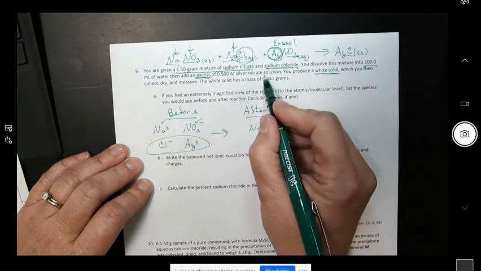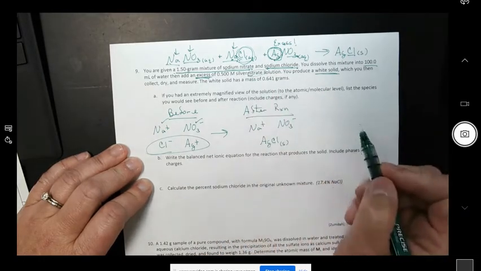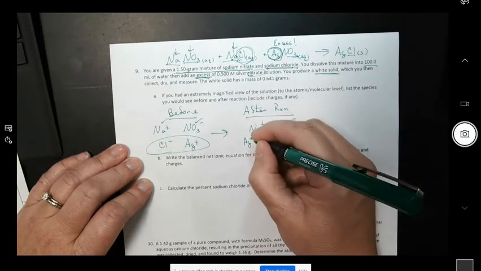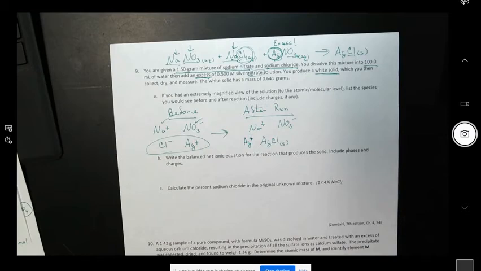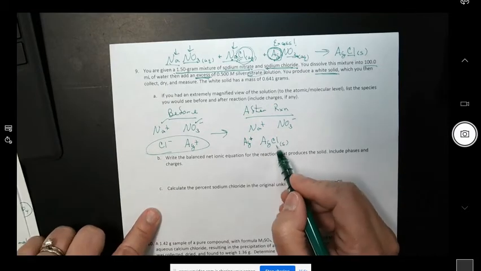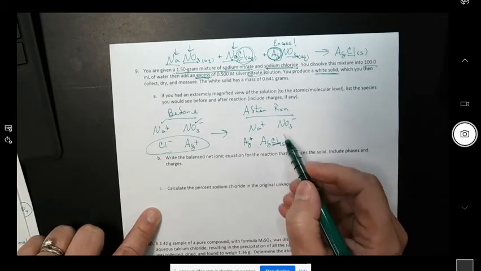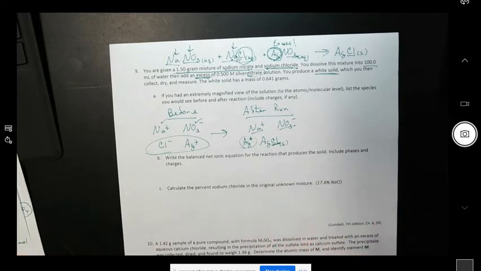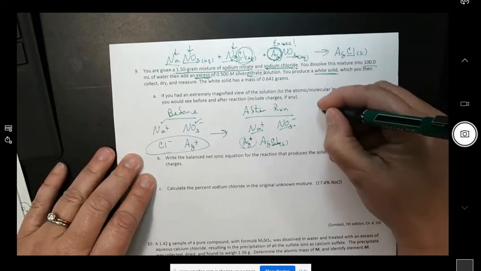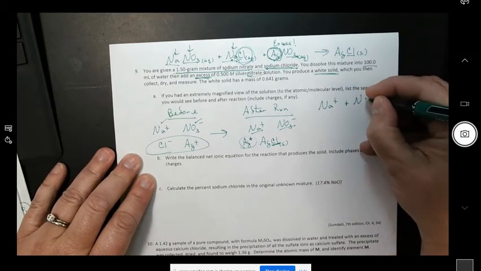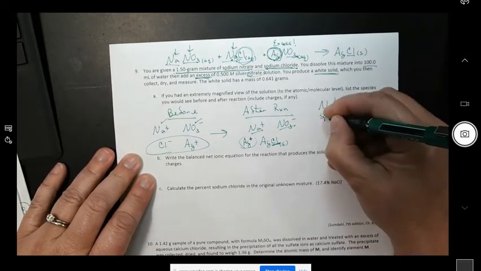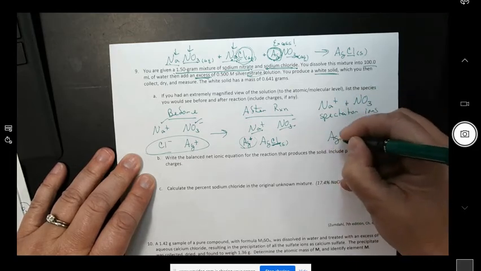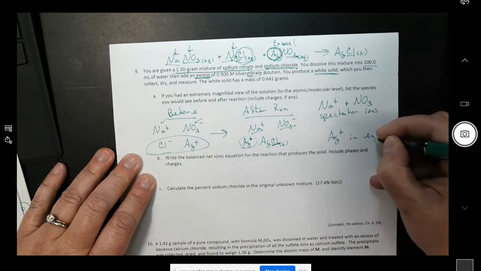So that also means in addition to the nitrate, we have some Ag plus because silver nitrate was in excess. So we're going to see all of the chloride ion getting used up. We're going to have spectator ion, and not all of that is going to get used up to make the precipitate. So just to recap, Na plus and NO3 minus, those are our spectator ions. And then we've got some Ag plus ion in excess.